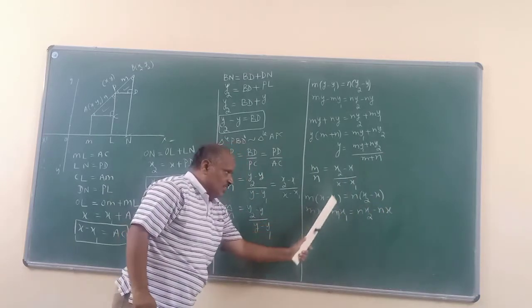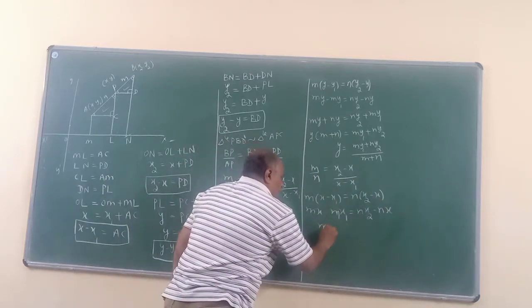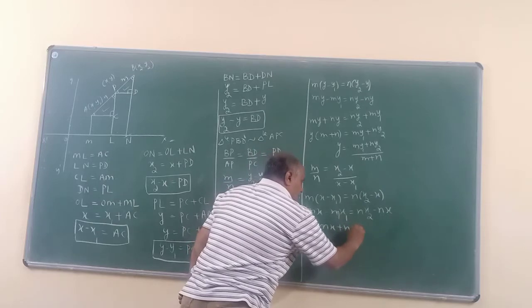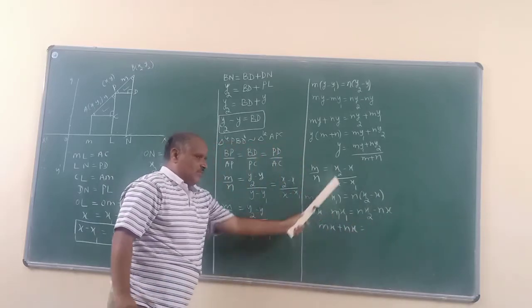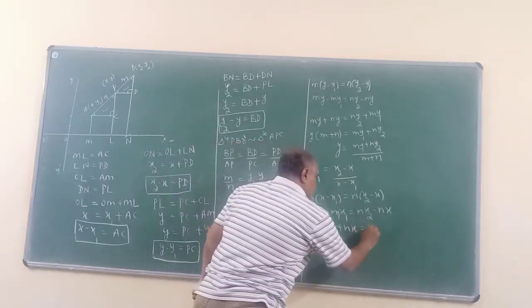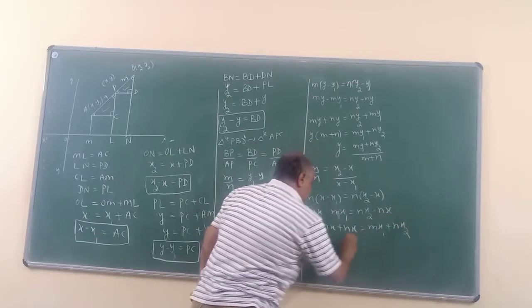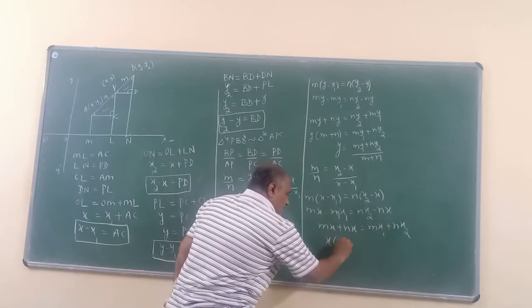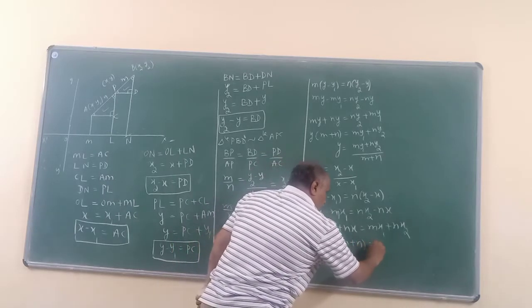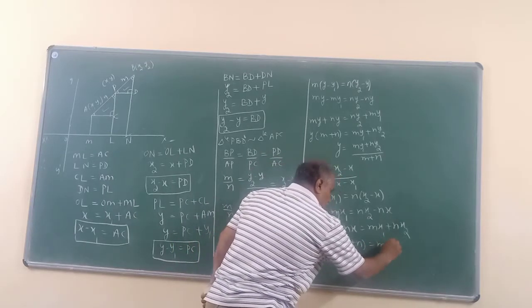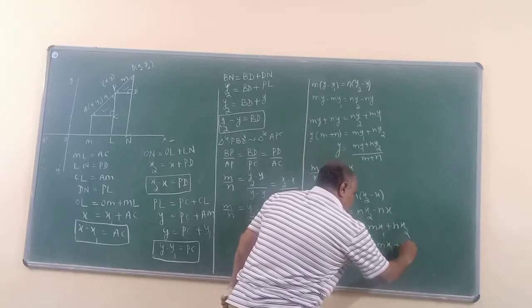Bring minus nx to the RHS, it becomes positive. Minus mx1 to the RHS. Taking x as common factor: x(m plus n) is equal to mx1 plus nx2.